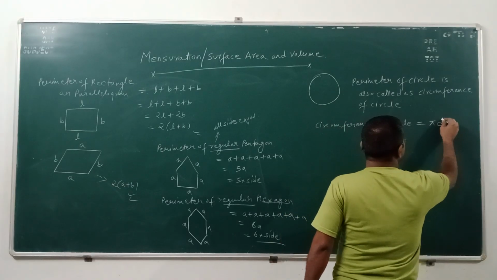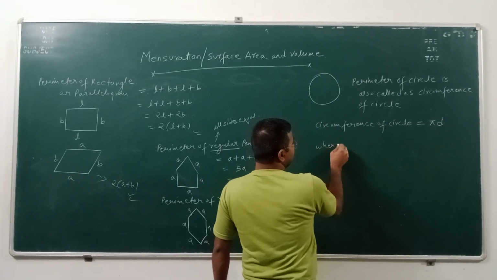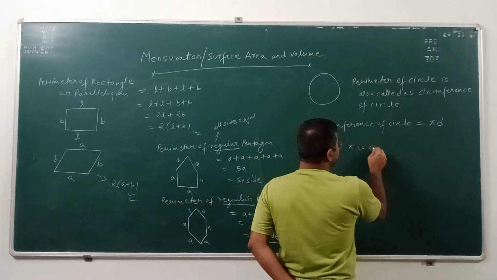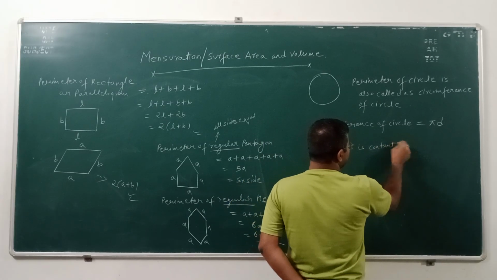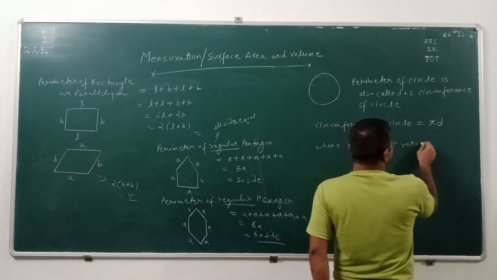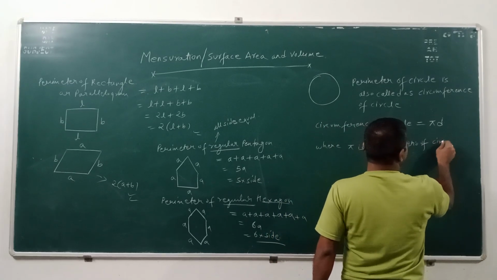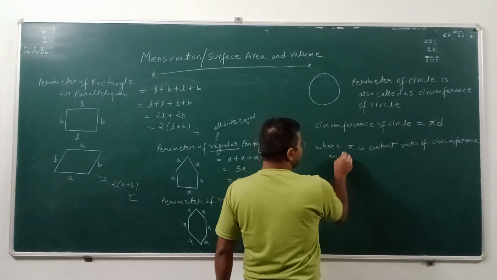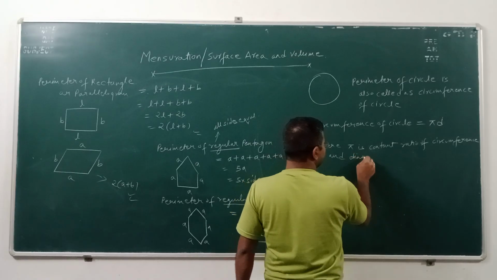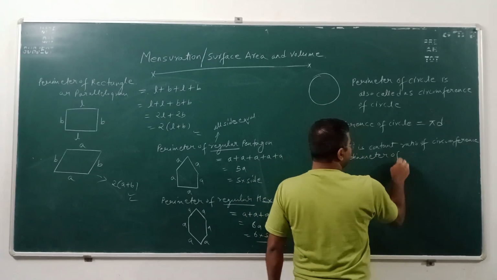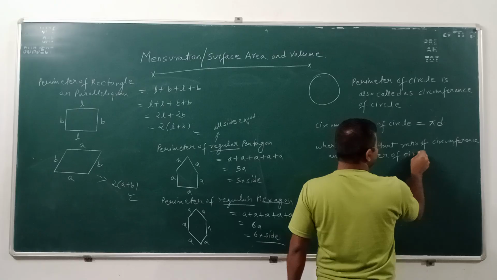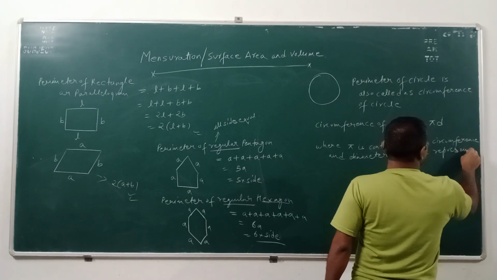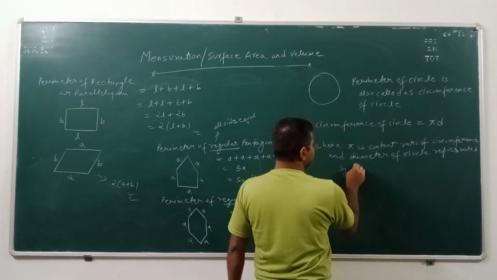Pi d, where pi is the constant ratio of circumference and diameter of the circle, and the diameter is represented by d.